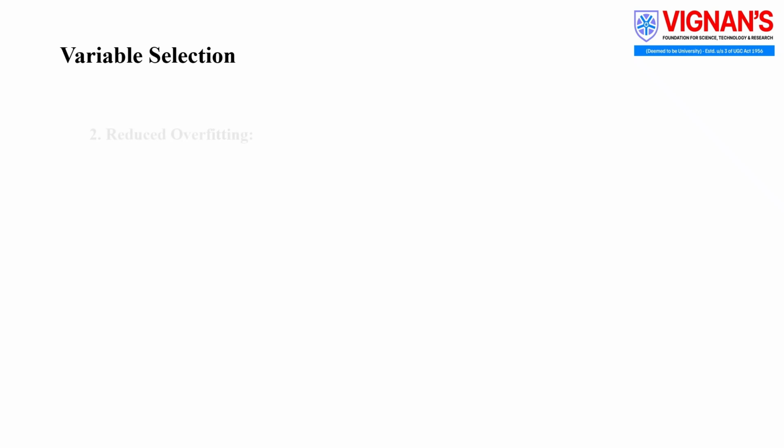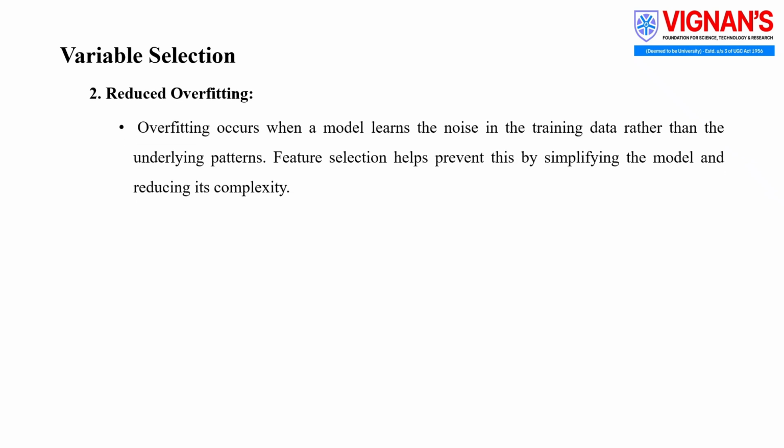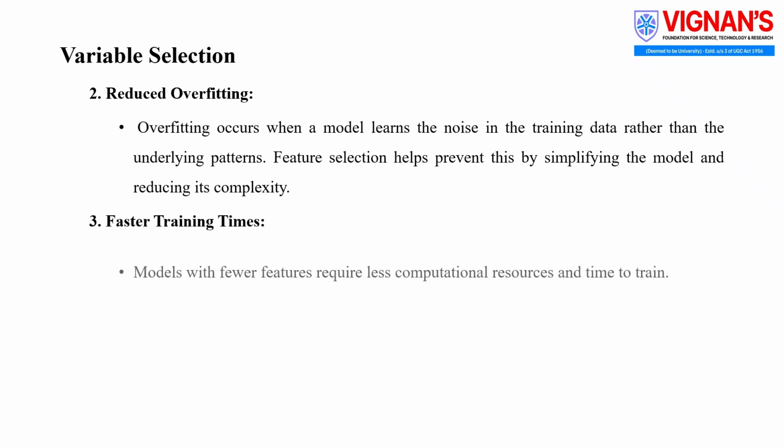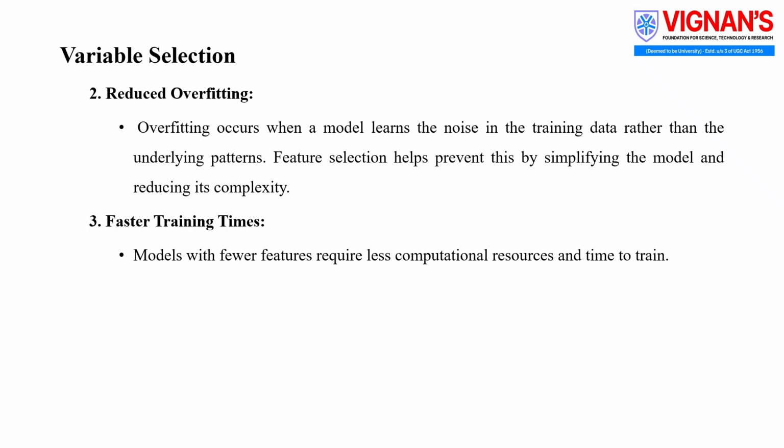Point 2. Reduced overfitting. Overfitting happens when a model learns the noise in the training data instead of the true underlying patterns. Feature selection reduces overfitting by removing unnecessary variables, making the model simpler and more generalizable. Point 3. Faster training times. When a model uses fewer features, it needs less computation.